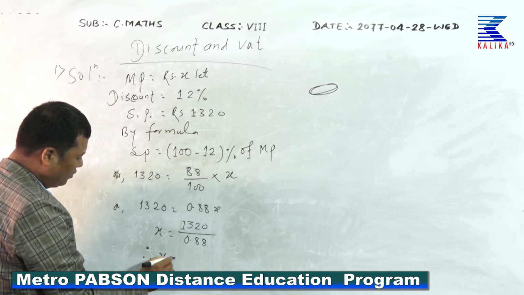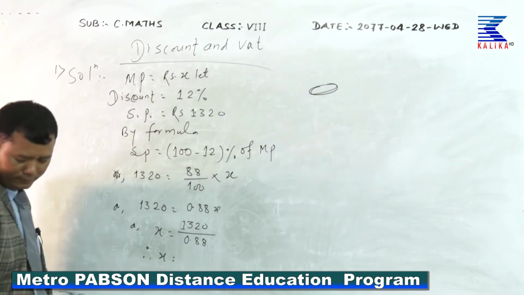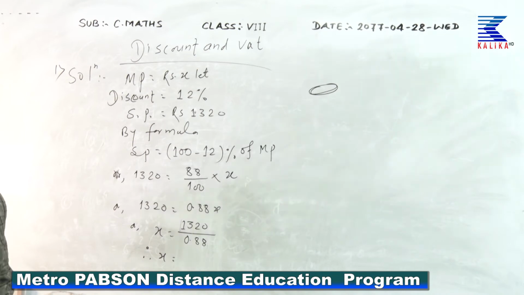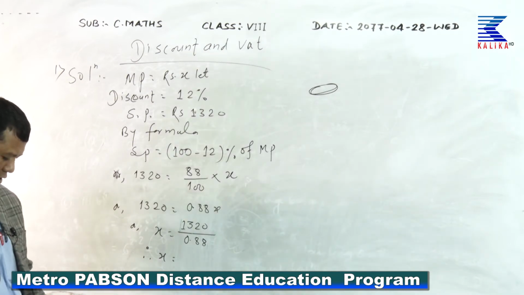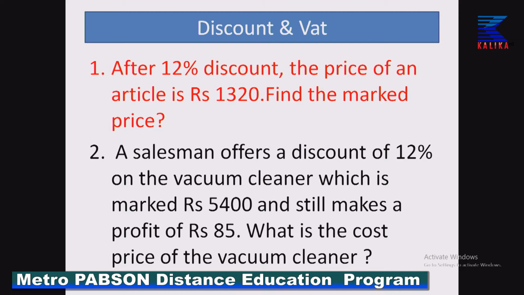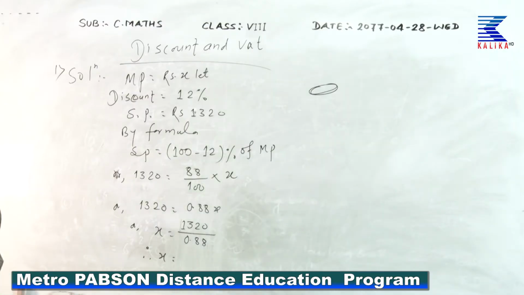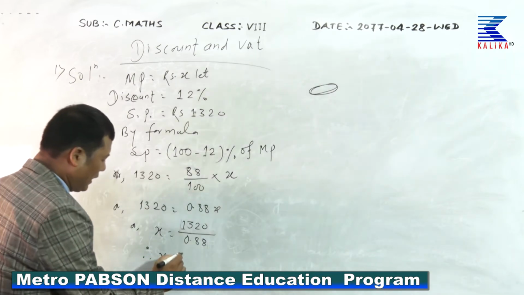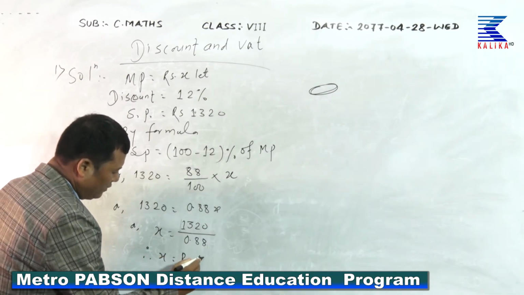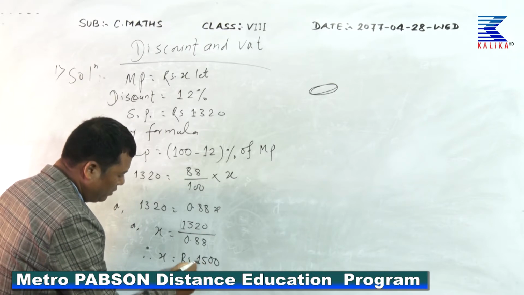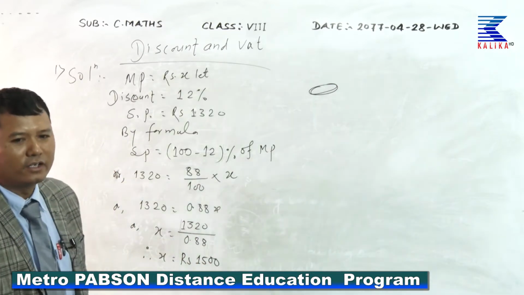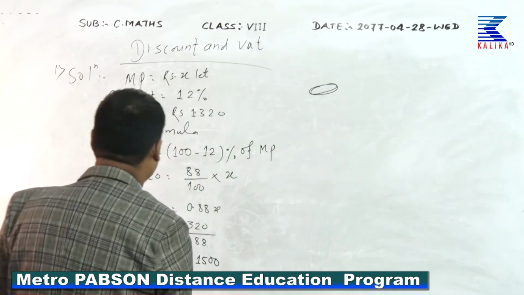Therefore, what is the value of X? 1320 divided by 0.88 will be Rs 1500. 1500 is the required amount.